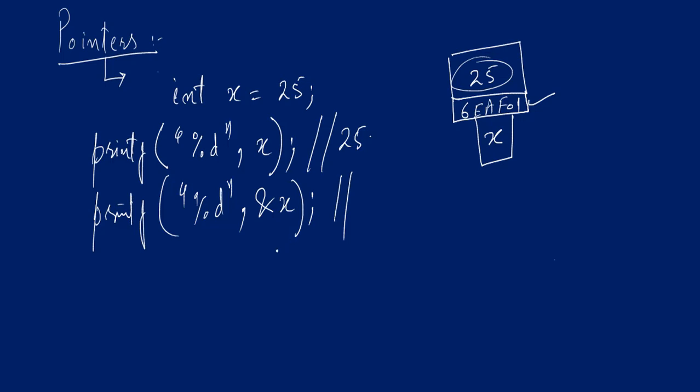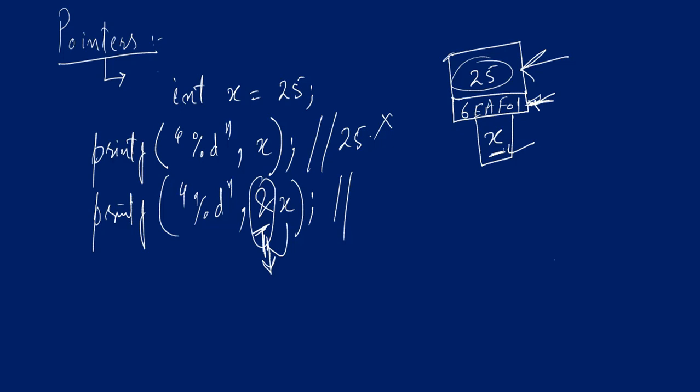It will not write 25, but it will try to write the memory address, because & represents the address. When I am writing &, it means I have to access the address of this variable x, the address of the memory space whose name is x. So it will try to access this address.